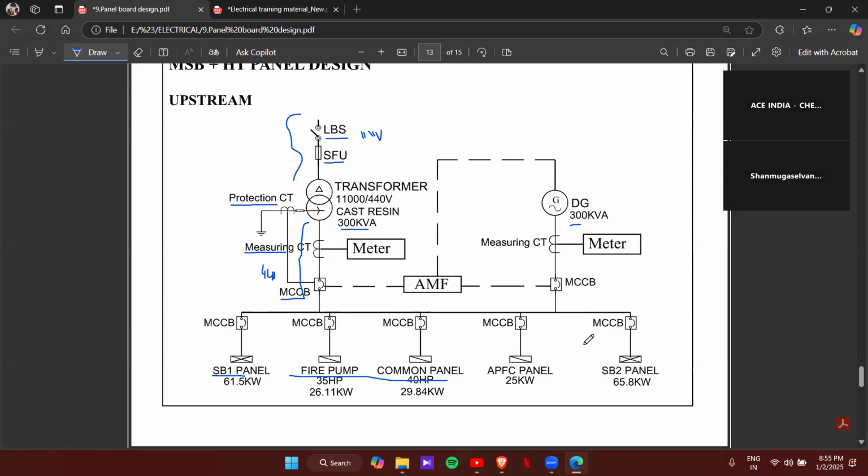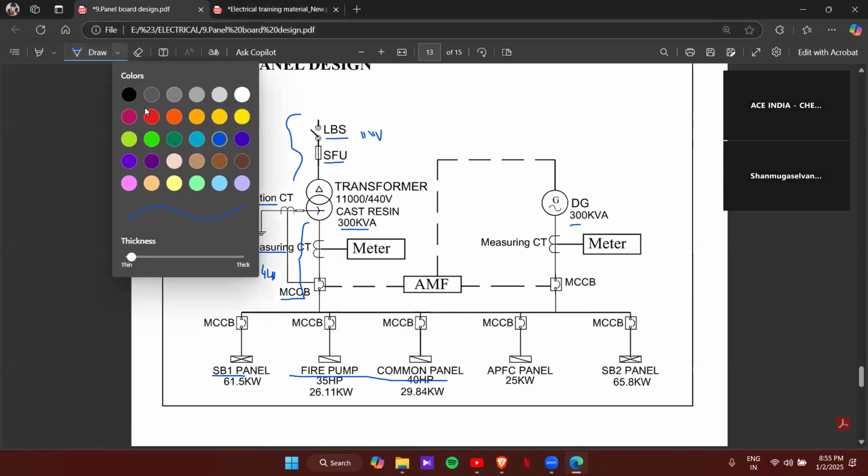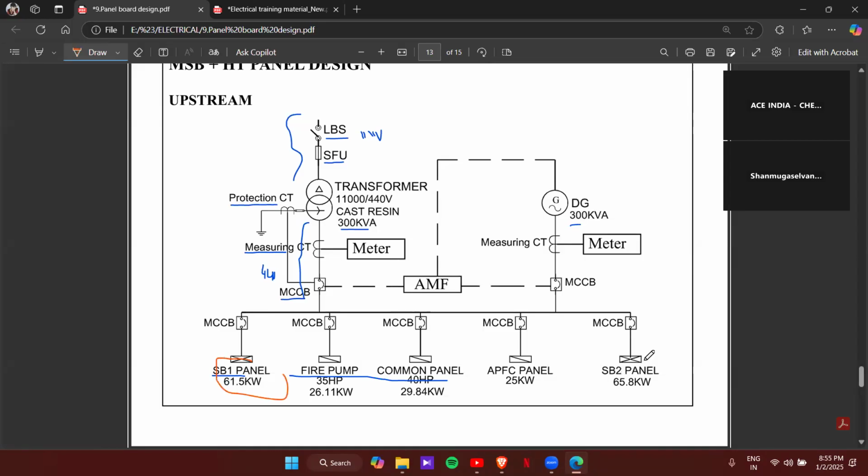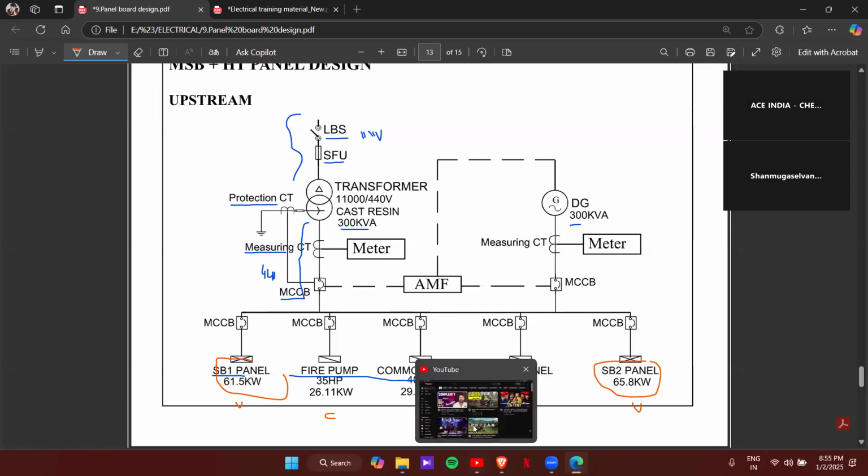Then we have APFC panel, then we have SB2 panel. SB1 panel and SB2 panel are actually given to SSBs. So that means these two will be variable load. These motor panels will be constant load, and APFC panel also will be constant load.